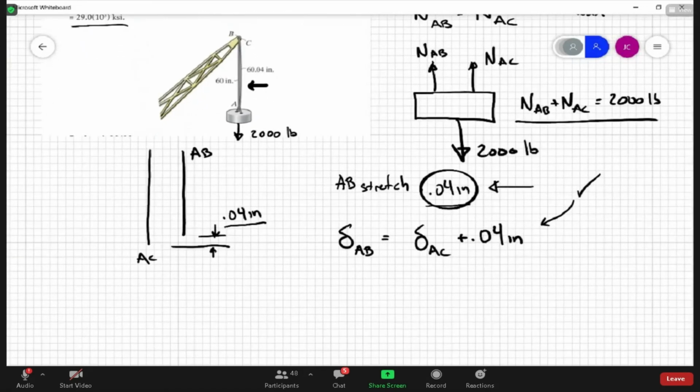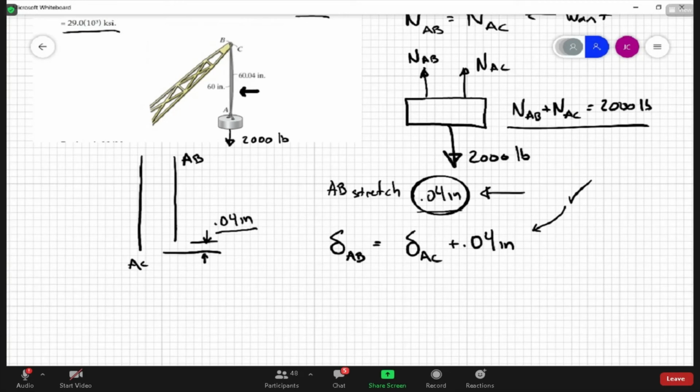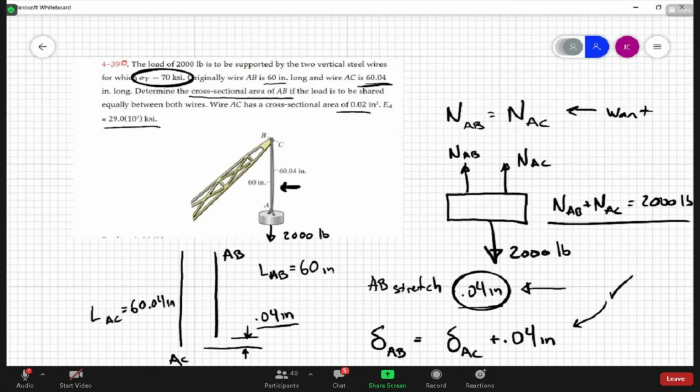All right, so we know that the elongation of AB is going to be the force in AB times the length of AB, which is 60 inches, and the length of AC is 60.04 inches, over the cross-sectional area. We know AC, but we don't know AB.